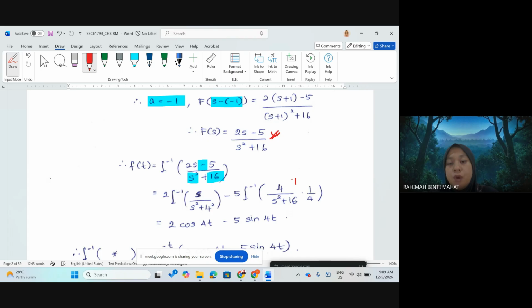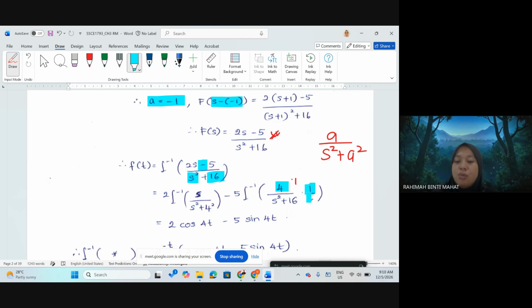However, from the elementary Laplace table, the formula is a over s squared plus a squared. So that's why there is 4 here, because this is by using the table. And how do you want to cancel the value of 4? That's why there is another term here.